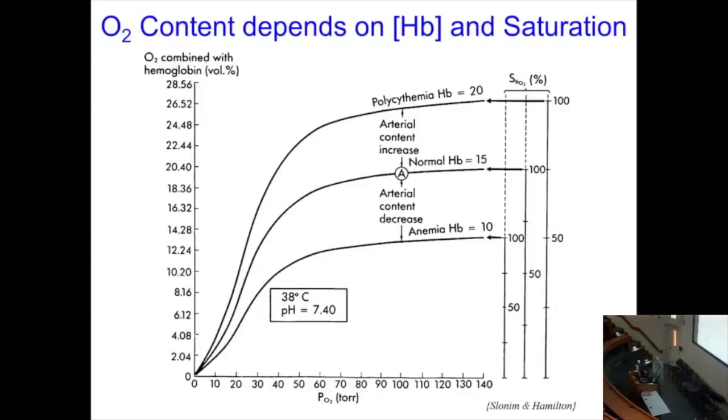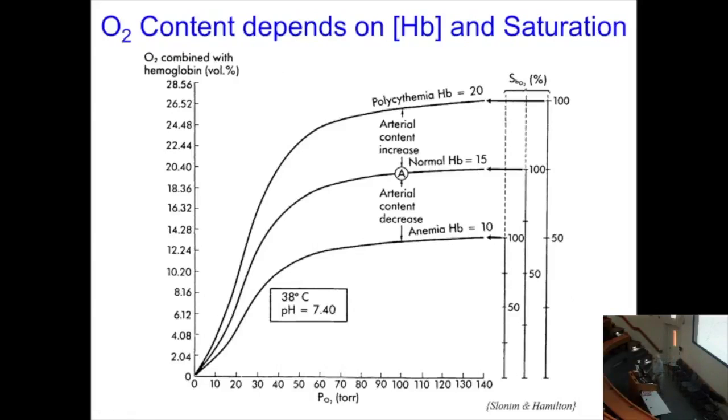All right, more oxyhemoglobin dissociation curves. The normal stereotyped individual has 15 grams of hemoglobin, and this is their oxyhemoglobin dissociation curve. Some people have more hemoglobin than normal, some people have less.